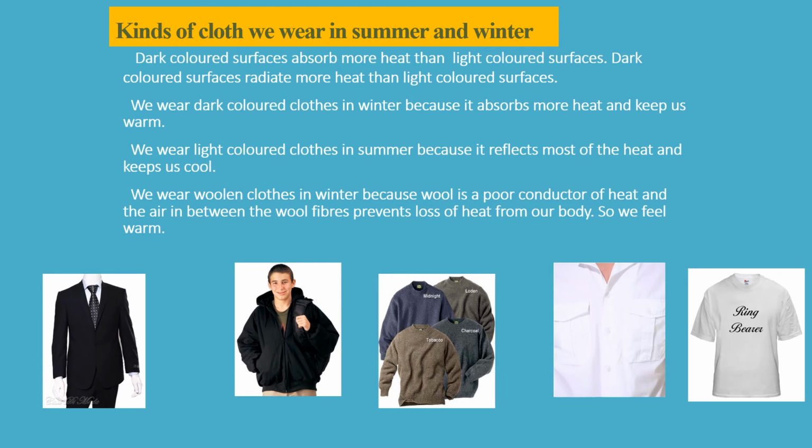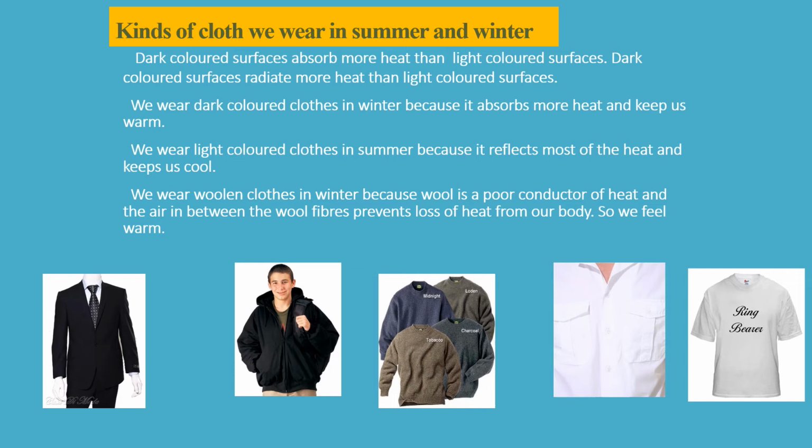Based on this concept only, we wear different colored clothes in winter and summer. Dark colored clothes are preferred during the winter season and light colored clothes are preferred during the summer season. Why is it so? It is the same concept.